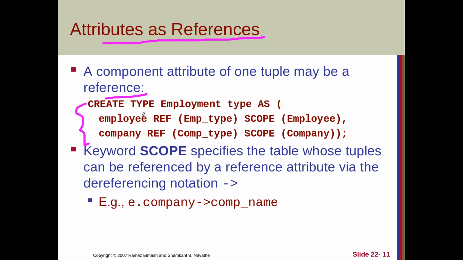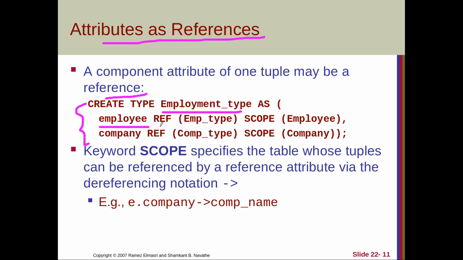Create type employment type as. This portion is exactly the same as the previous one. Create type employment type as, within parenthesis, employee is the first attribute of this employment type.